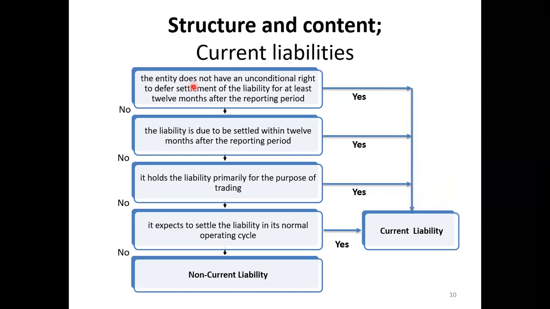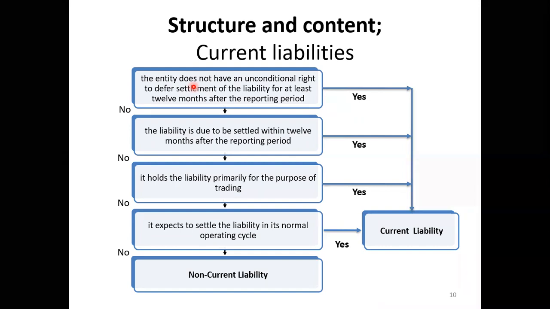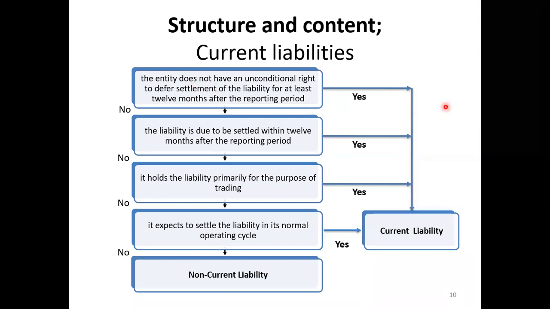So the entity does not have a right to postpone any dues settlement for more than 12 months. For example, I have to pay my supplier within 30 days. I don't have any rights to postpone. Then it comes under the current liability.